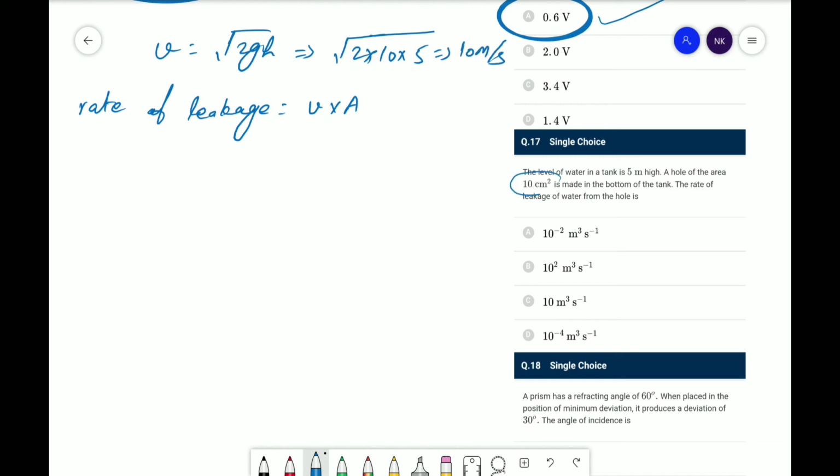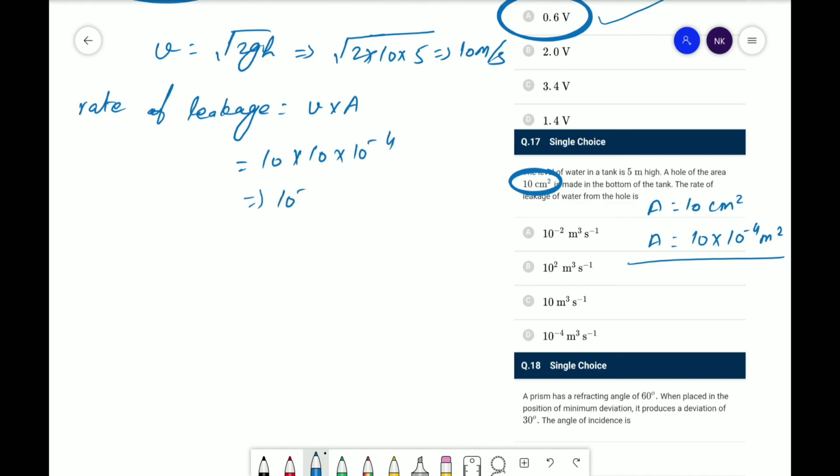What about the area? 10 centimeter square. Therefore A is equal to 10 centimeter square, hence A is equal to 10 into 10 to the power minus 4 meter square. 1 centimeter square means 10 to the power minus 4 meter square. Velocity 10 into area 10 into 10 to the power minus 4.